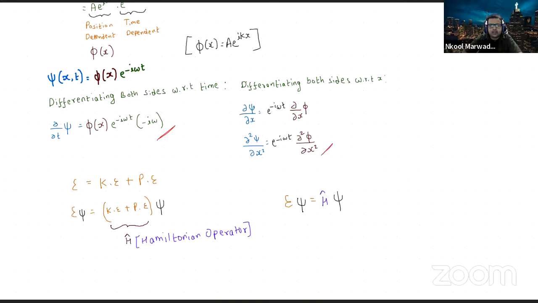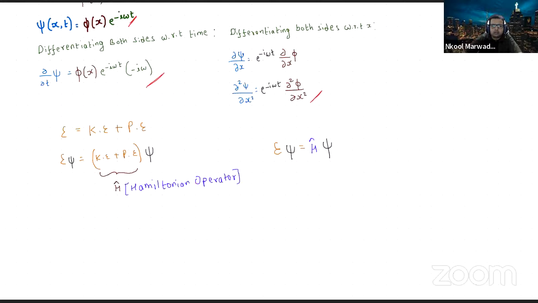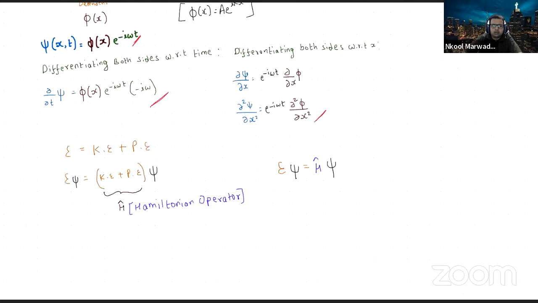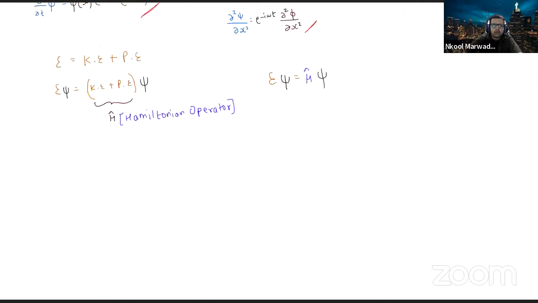So the idea is that now we have the wave function. We will use this wave function and this equation, and we can substitute appropriately the values which we are getting. I will do it, then I will show how I did it.